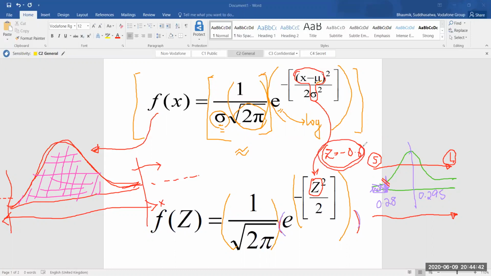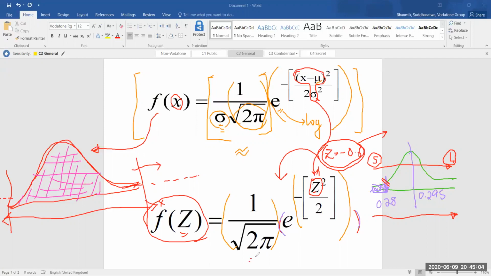If it is going to come out negative, we are simply going to put that Z into this formula. Okay, I put that Z into this formula and I get the function of Z. Because earlier it was a function of X. I have replaced this part with Z, and hence I can call this a function of Z. I simply input the value of Z over here, and then I get some answer.